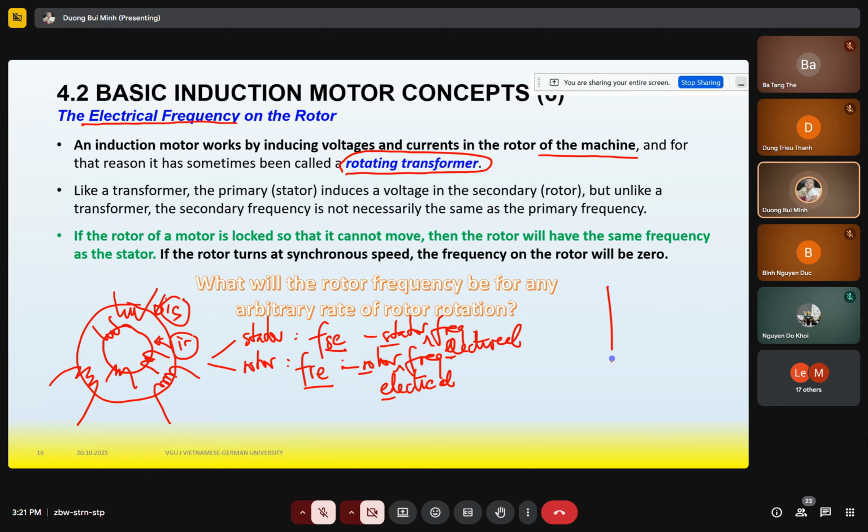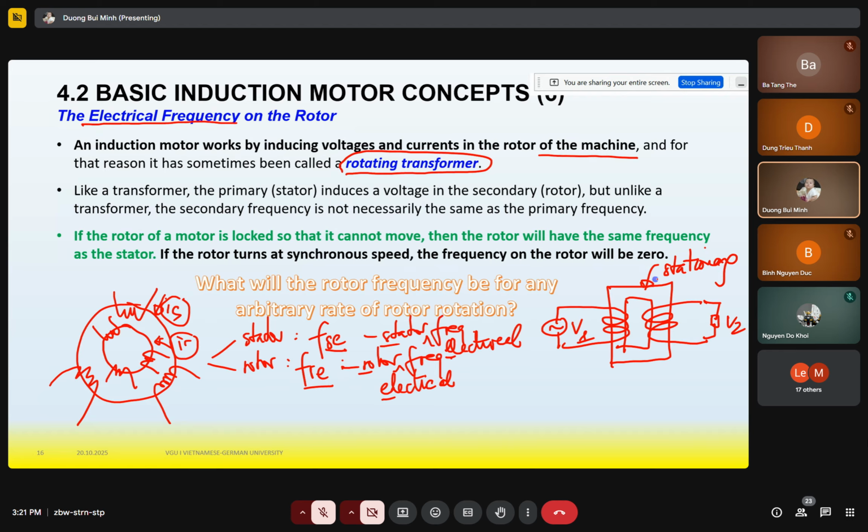For a transformer, we have two windings, the primary winding and the secondary winding. This is stationary. The primary we connect to the power supply, and the secondary we connect to the load V2. The magnetic core is stationary.